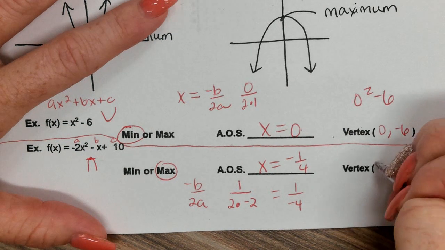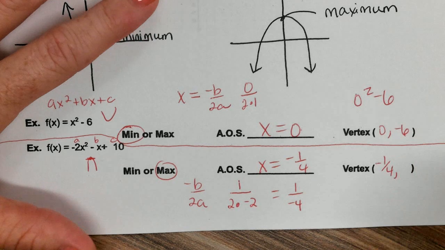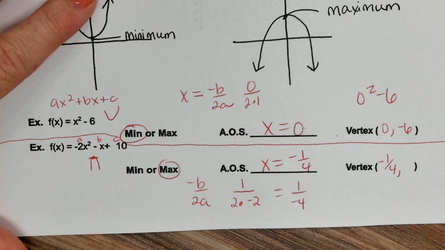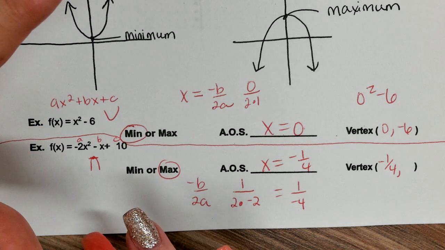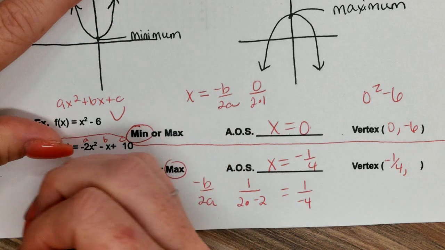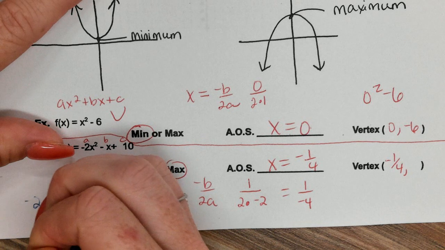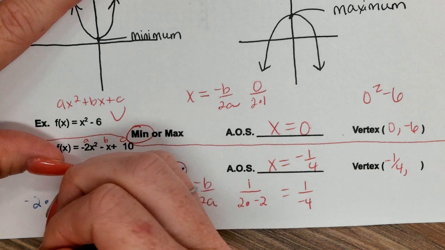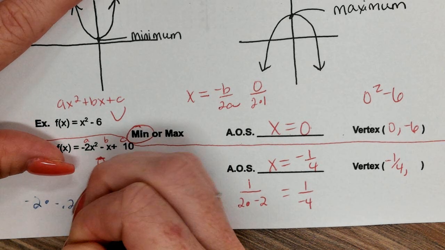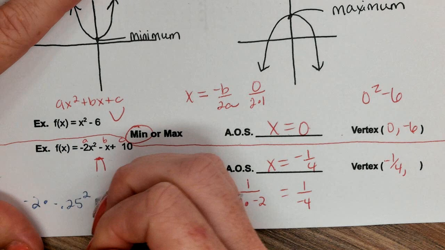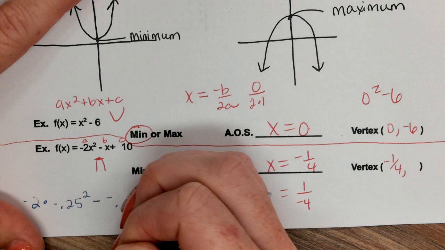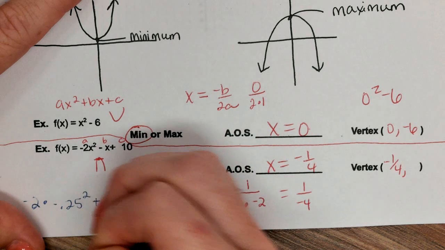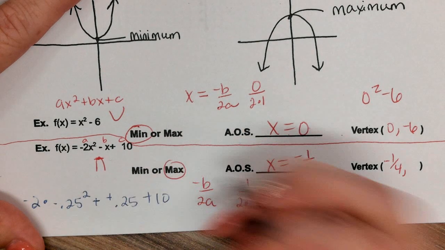So my vertex will be negative 1/4, comma, and whatever I get for y. Do y'all want a little more time to figure that part out? Or y'all good? All right, so I have negative 2 times x squared, that's negative 1/4 squared, minus negative 1/4, which becomes plus 10.